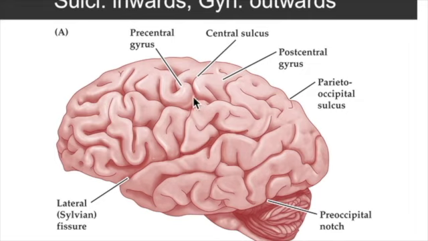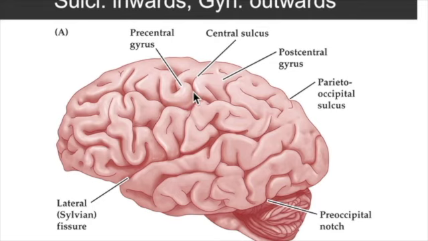And so that leads us to name different major areas according to whether they are inside or outside folds. So immediately anterior to the central sulcus, you have the precentral gyrus. That's just a gyrus, or an outward fold, that's immediately before the central sulcus.